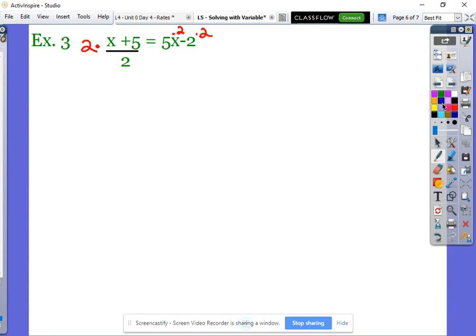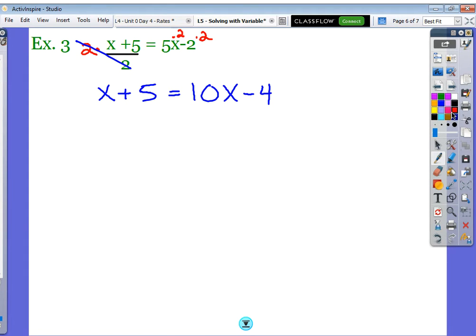Notice what happens. The 2's cancel out here. We're left with x plus 5. And that's equal to 5x times 2, which gives me 10x. And then negative 2 times 2 gives me negative 4. So you've now got a basic equation. The fraction is gone.